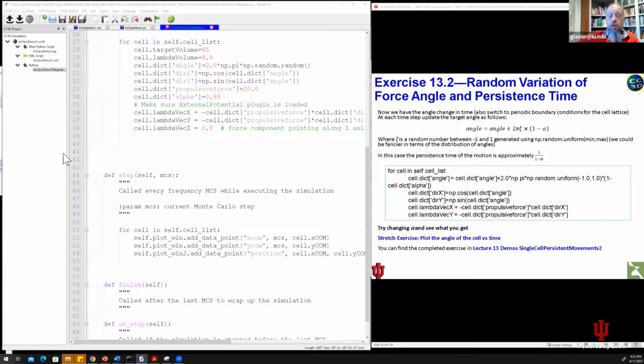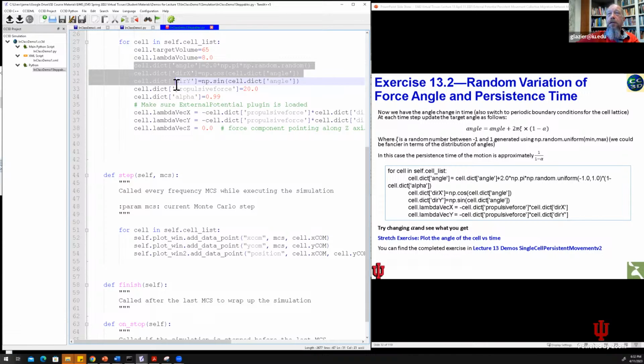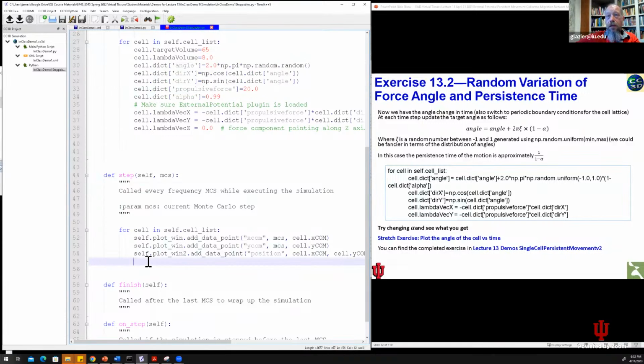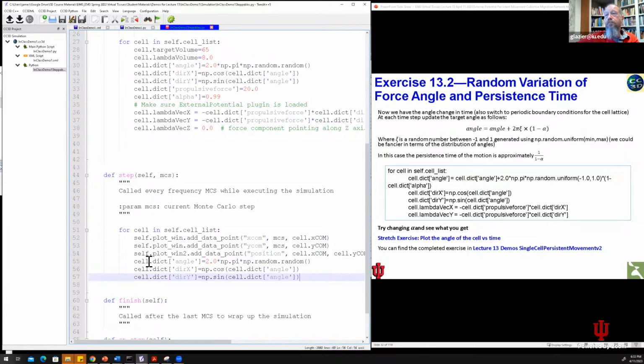Okay, let me just walk through this with you. I'm going to copy lines 31, 32, and 33 and put them here. And then that will calculate my new angle.